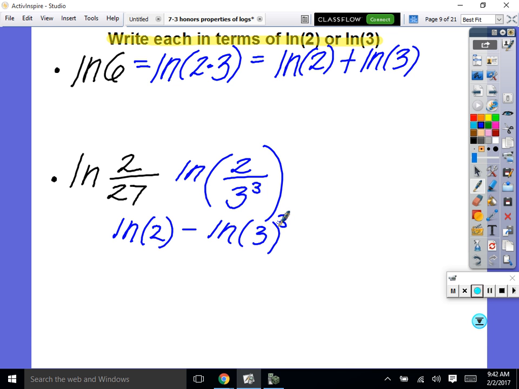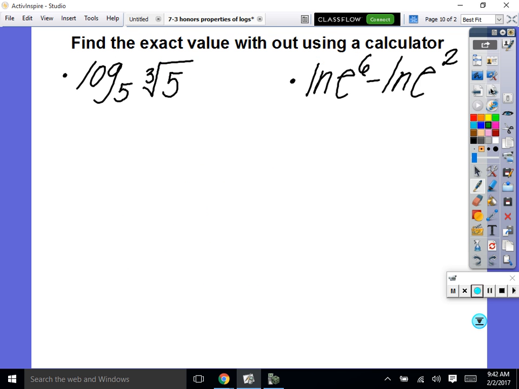So now we're going to take our exponent and pull it out in front, raising something to a power, and you multiply the power in front. So this is ln of 2 minus 3. The exponent comes in front and multiplies the ln of 3. So this would be splitting it apart in terms of 2 and 3. Questions?